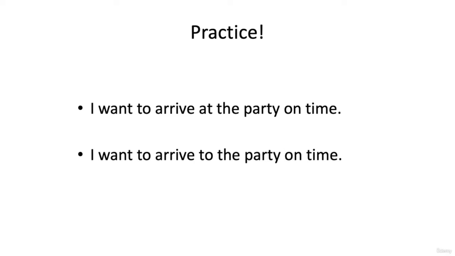I want to arrive at the party on time. I want to arrive to the party on time. The first sentence is correct. We say arrive at and not arrive to.